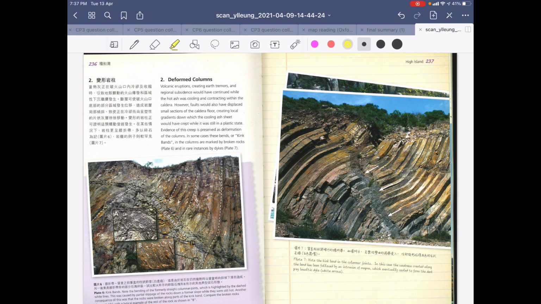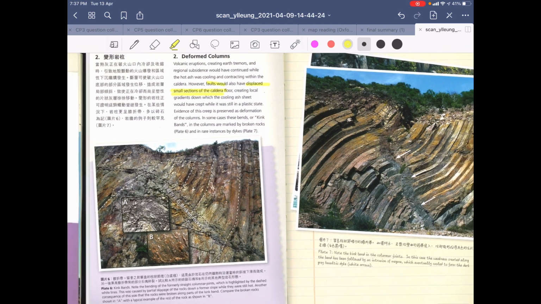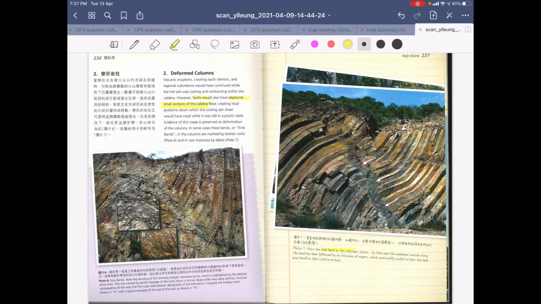Okay, and then why does it look like folding? Because you can see right here, during the volcanic eruption, there were a lot of cooling and contracting activities taking place inside the caldera, which is the High Island Reservoir area, and then some faults were created during the plate tectonics, and then it will displace a small section of the caldera floor, and then it will cause the twisting or the kink bend in the columnar joints, and then it will twist a bit.